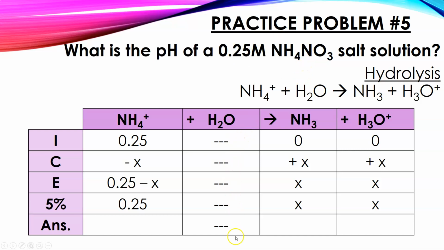Remember, water is a liquid. We don't care about it. You don't have any products when you start. You just put zeros. It's a 1-to-1 stoichiometry ratio, right? So this will be minus x and plus x. We're going to use the 5% rule. This simplifies this down.